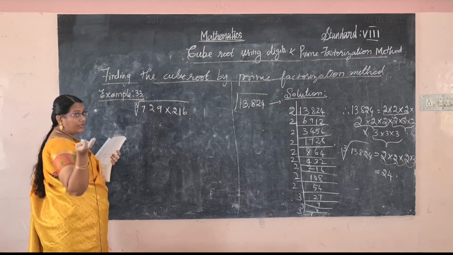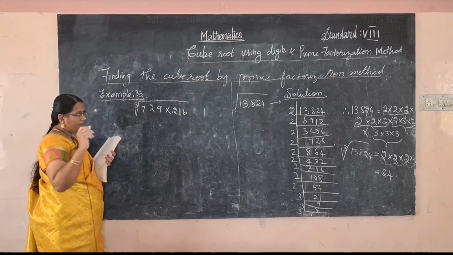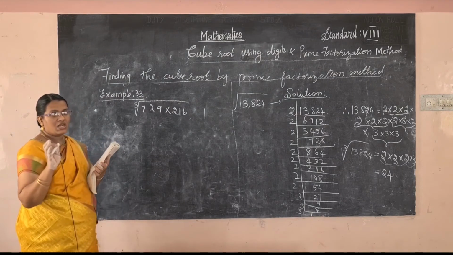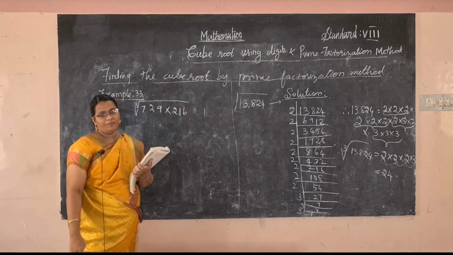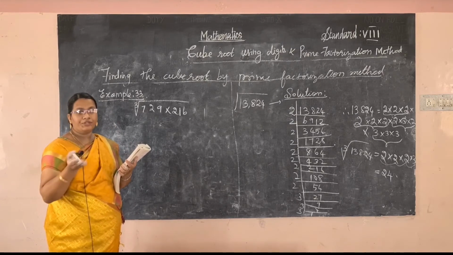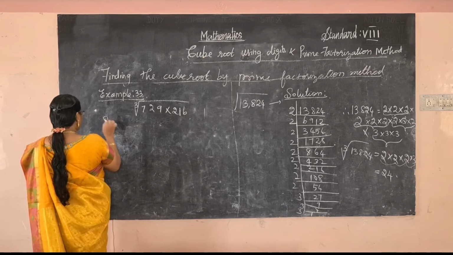Find the value. So already we have learned the cube root, square root properties, the fraction of the square roots and product of the square roots. The same method we are using, but here we find the cube root. That's it. Okay, so first one, solution.